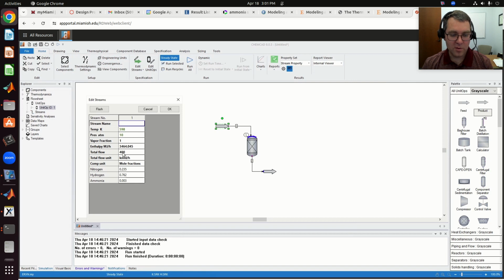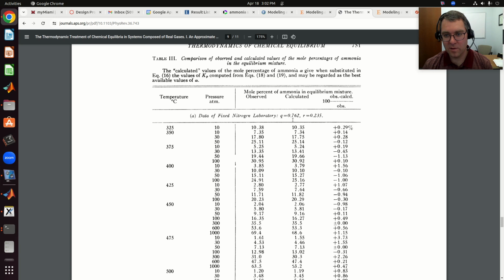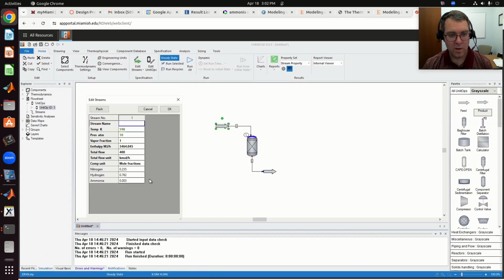I'm going to just say I have a total flow rate of 400 kilomoles per hour. It doesn't really matter. Then here, this is my reactive gas. So there's my 2 mole fracs, 0.762 and 0.235. Then I'm going to just put a tiny amount of ammonia because these don't add up to 1, so I'll make a tiny amount of ammonia in there initially.